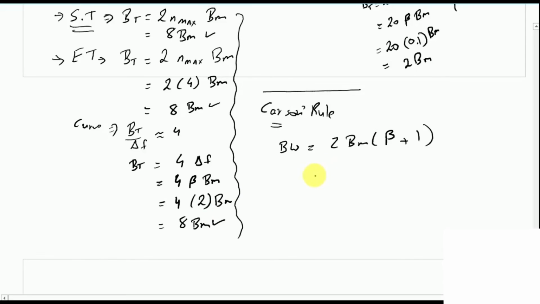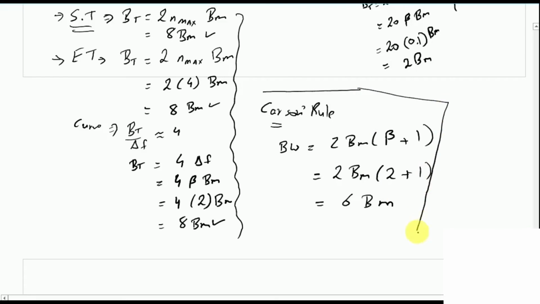So that means this is 2 bm, beta we have selected as 2, plus 1, and 2 plus 1 is 3 into 2, 6 bm. Now over here we have a difference. From the Carson's rule, we have a bandwidth equal to 6 bm, but from the two tables and from the curve we have a bandwidth which is 8 bm.